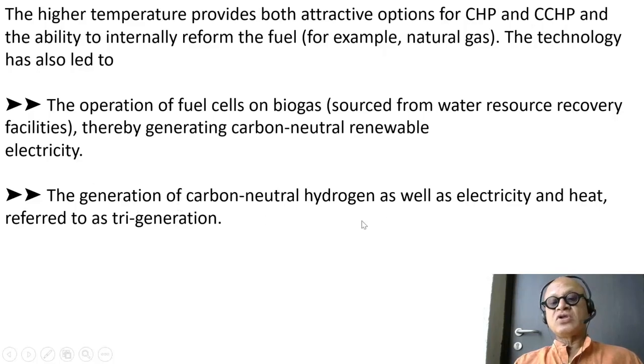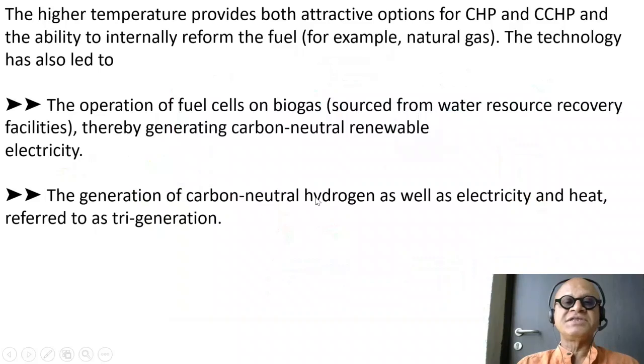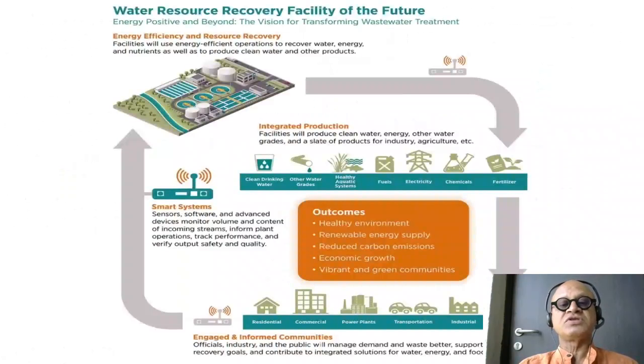Generation of carbon neutral hydrogen as well as electricity and heat is referred to as trigeneration. So here you could have heat generation for boilers, or you could be driving steam methane reformation to produce hydrogen. So this is just a schematic of a water resource recovery facility of the future.